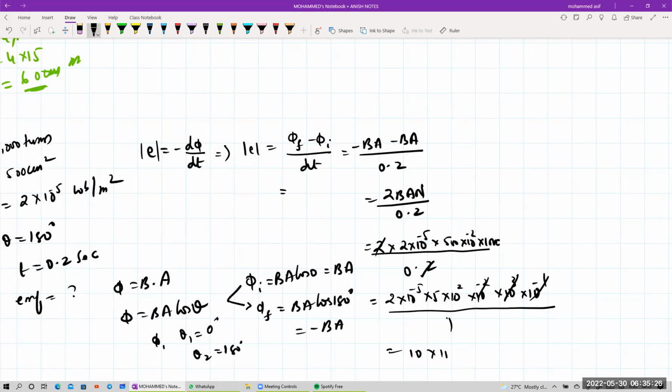So it is 10 into 10 to the power of minus 5 into 10 to the power of 2. This whole thing is 10 to the power of 3 into 10 to the power of minus 5, which is 10 to the power of minus 2 volts. This will be the answer.